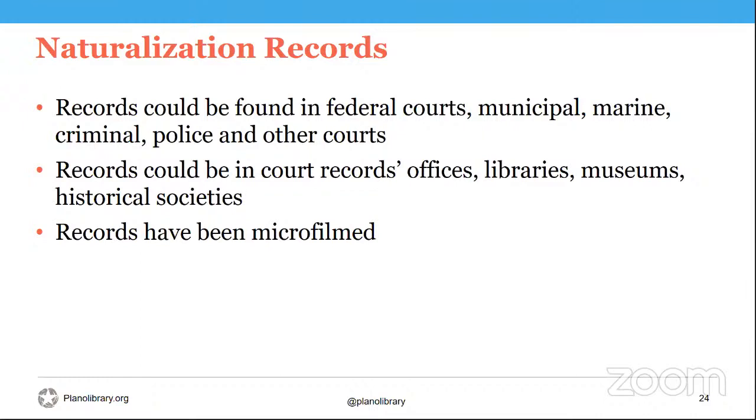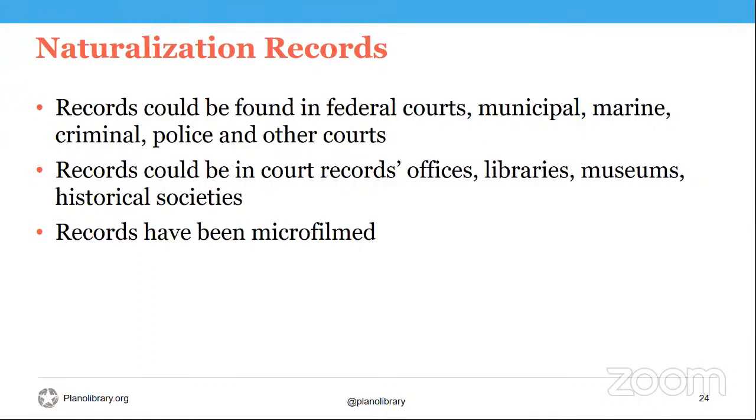There are a lot of records on Ancestry and FamilySearch. You can find them in books. We have some microfilm records for the Texas naturalizations. They're not for every year. They're only for certain time periods. And so they're scattered everywhere.